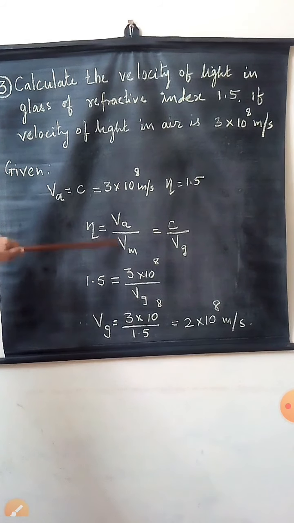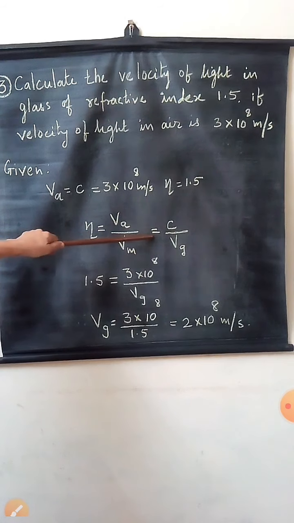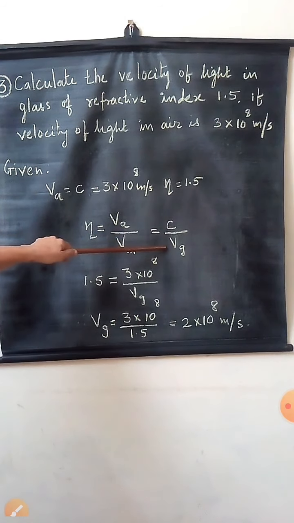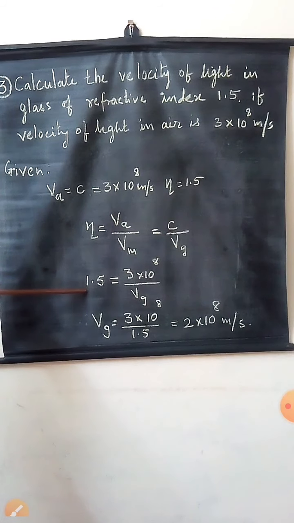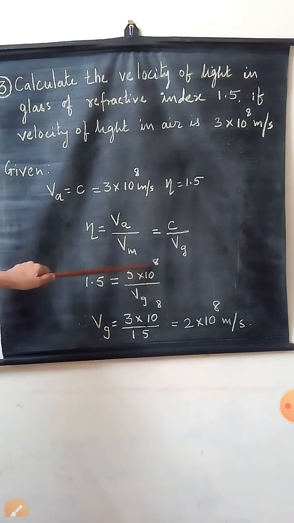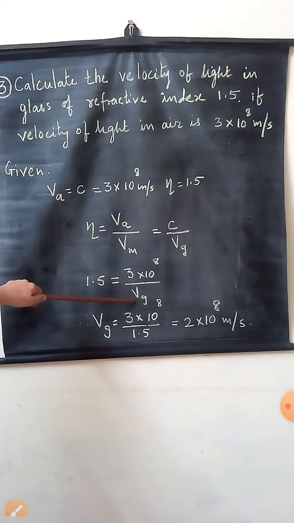Now this formula can be written as c, velocity of light, upon velocity of light in glass. Therefore, putting the values of refractive index and velocity of light in air, 1.5 is equal to 3 into 10 raised to 8 divided by velocity of light in glass.